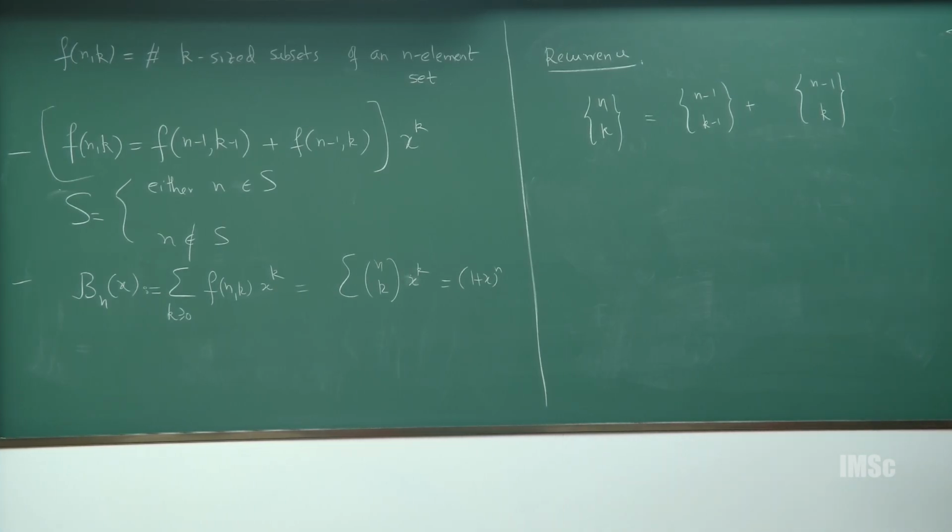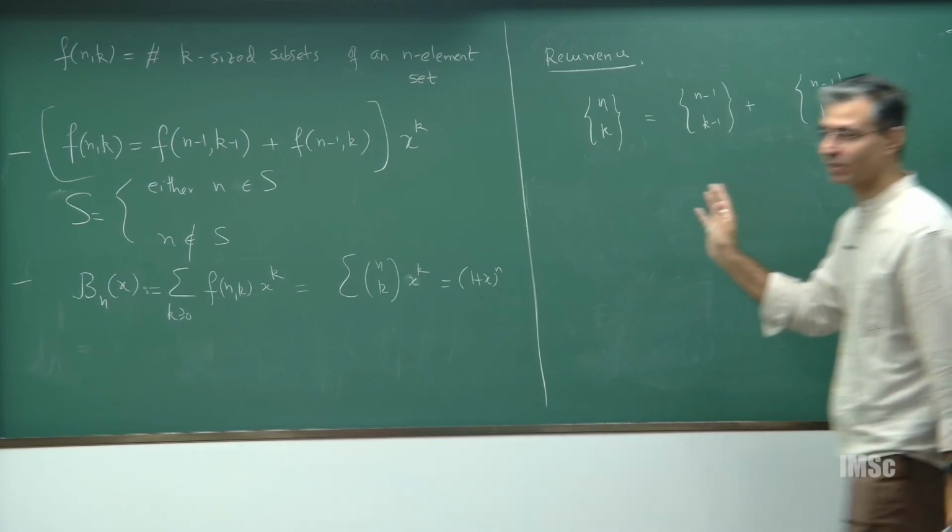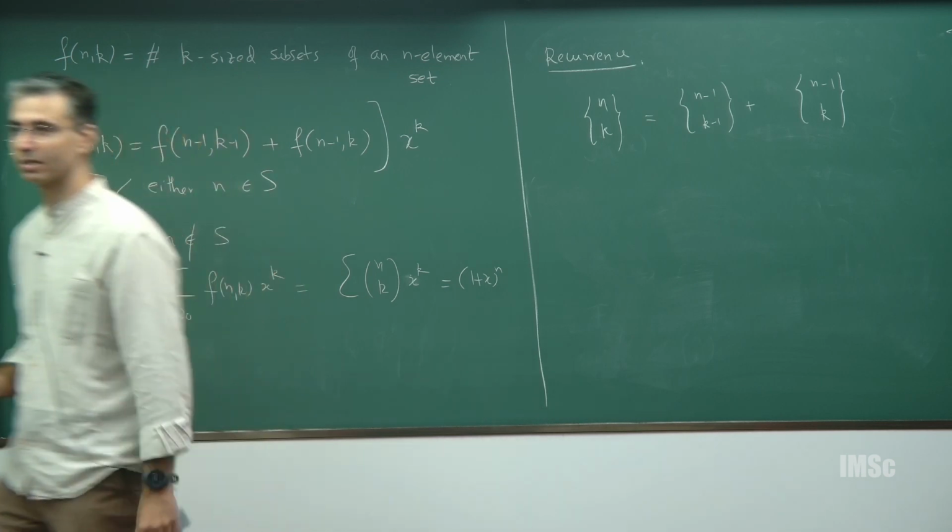Would this make sense? Well, if it was equal to this, we would end up with the binomial numbers, right? Clearly, this cannot be true. So something is wrong with this claim, right? This is not correct.